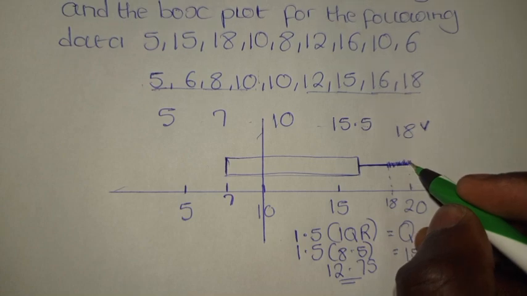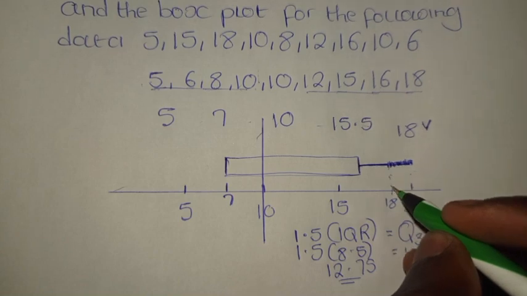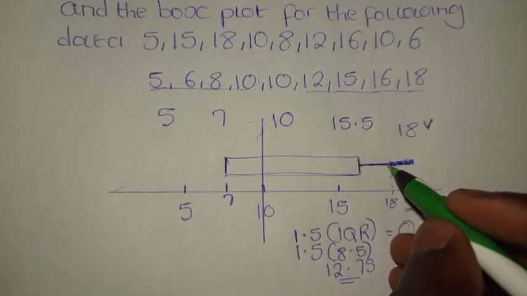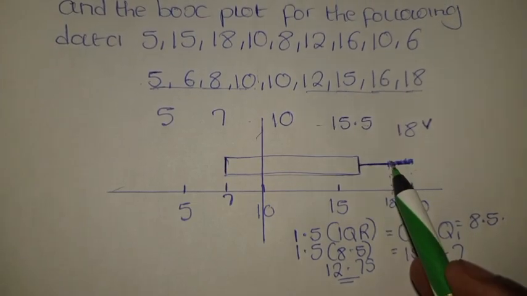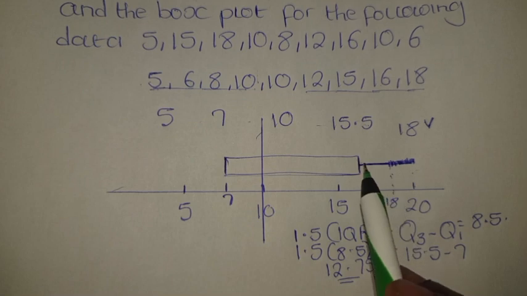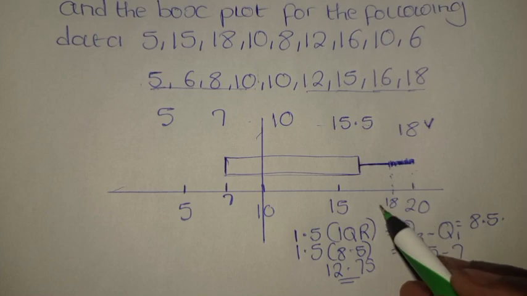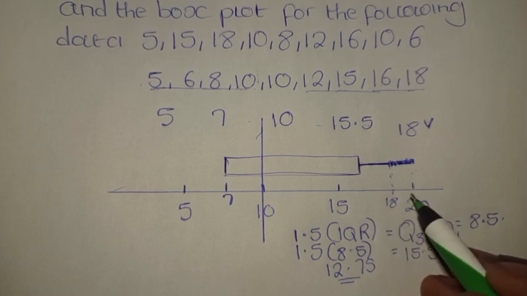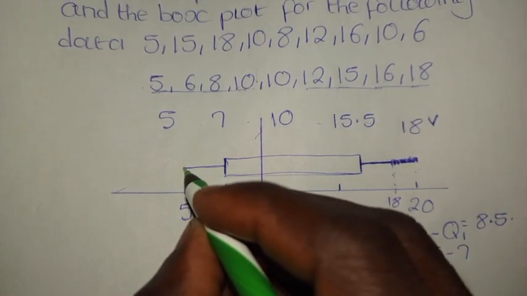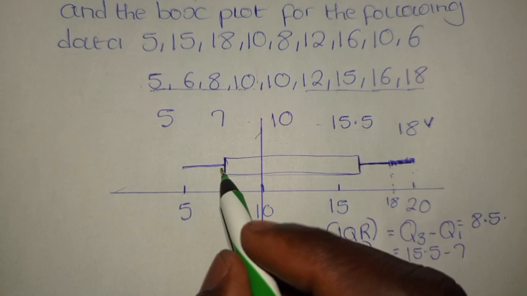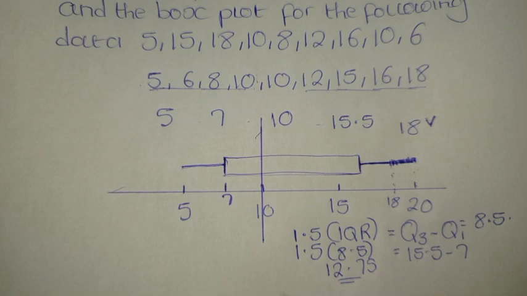Let us not reach 20. So having assumed that 18 is there, this is how long the whiskers will be. Even though this is how long, this is not 12.75. 12.75 would have been going further this side, but we will just end there because this is where our data ends. Even this side, we make sure this is where the whiskers end, though in actual sense this is not 12.75, because 12.75 would be going further there.